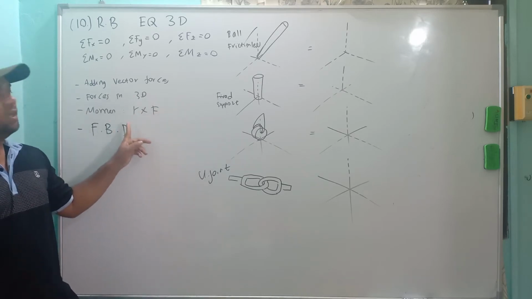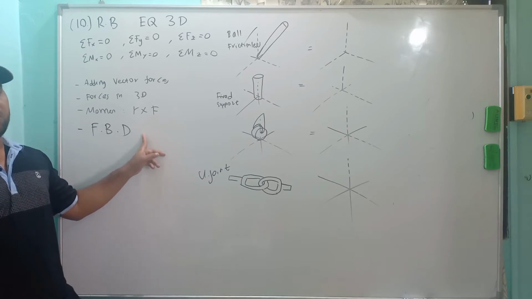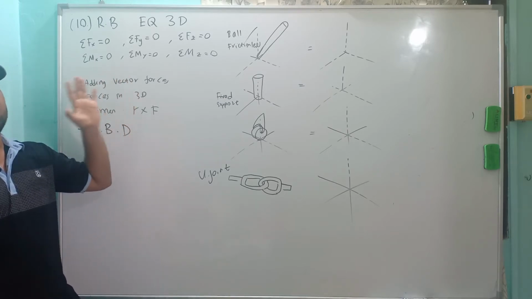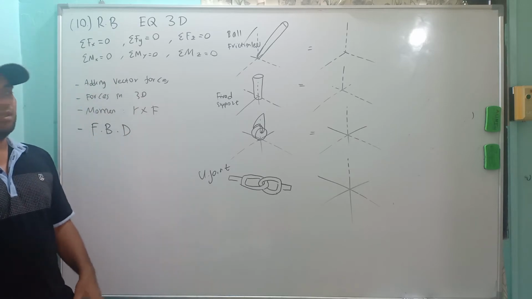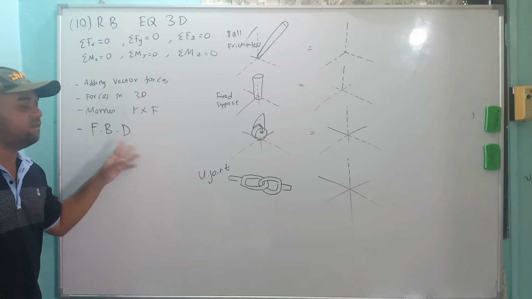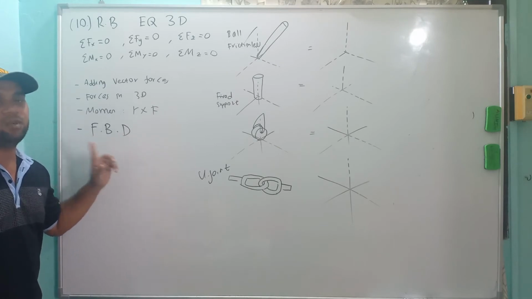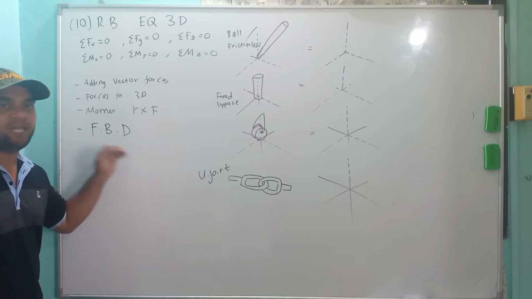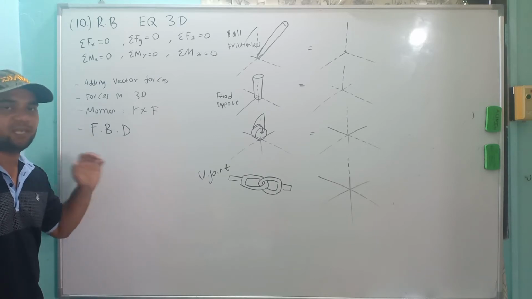You also have to be able to draw the correct free body diagram before you start answering the question. Each time you get an equilibrium 3D question, make sure you first draw the free body diagram. For the purpose of our syllabus, the drawing of the free body diagram will also give you several marks.